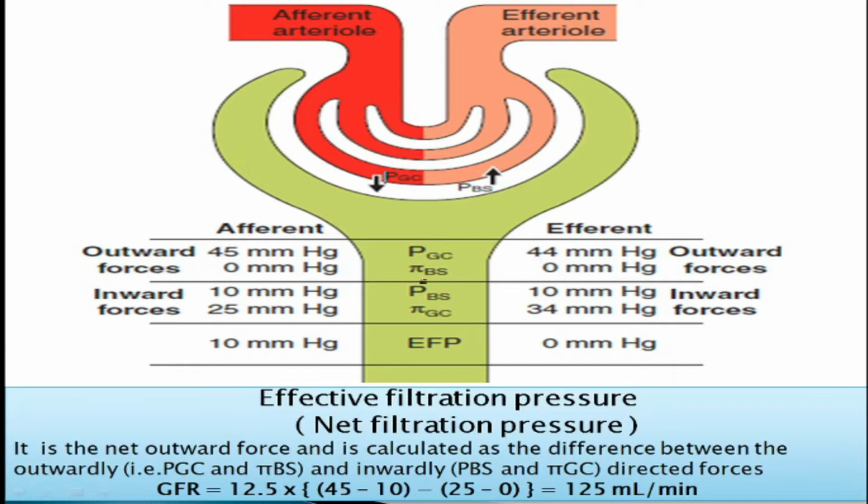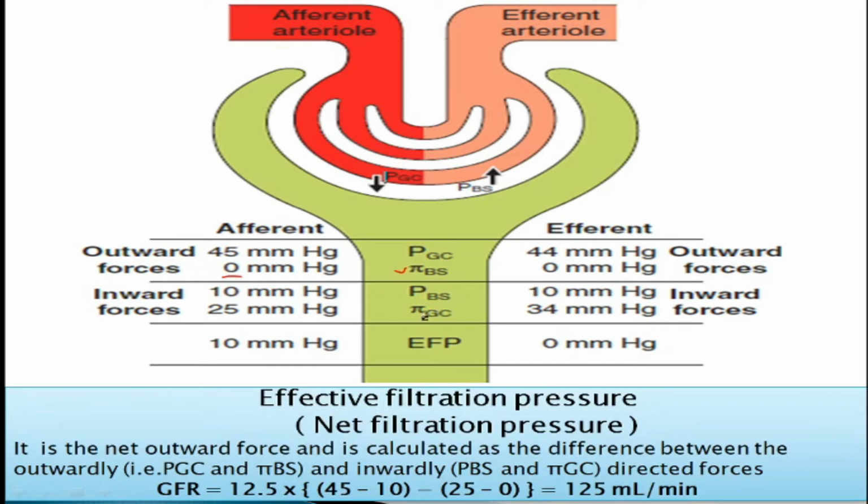The Bowman's space colloid pressure, pi represents the colloid pressure. This pressure is taken to be 0, as I told you that the proteins are not getting filtered. So in the Bowman's space the colloid pressure is almost negligible. You can see here the hydrostatic pressure in the Bowman's space, because of the fluid in the Bowman's space, is 10. It will oppose filtration, therefore it is taken as the inward force.